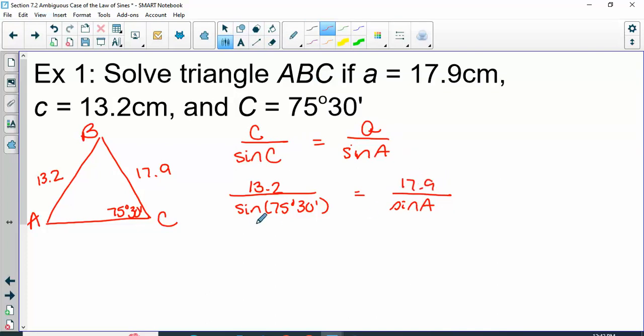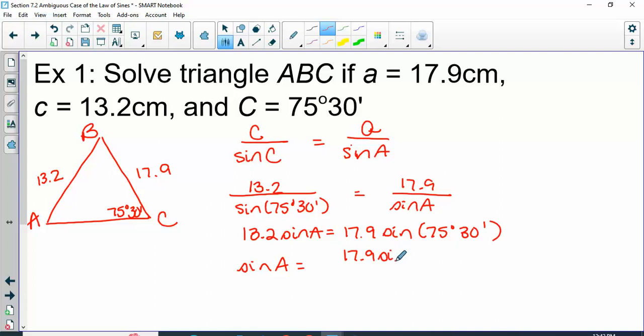Okay. If we cross multiply, remember we try not to put anything in until the last minute so we don't have so much rounding error. What would I have to do? Divide by 13.2. Okay.